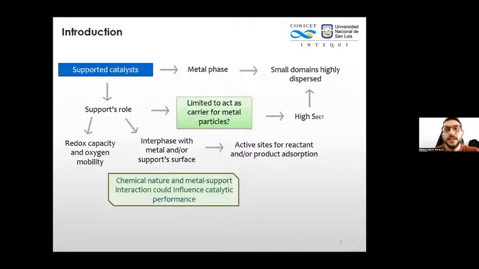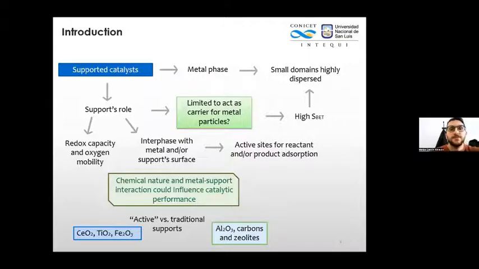So they are also important to be taken into account, the support itself and not only the active phase that is metal. Therefore, the chemical nature and the metal-support interaction influence the catalytic performance during reaction.